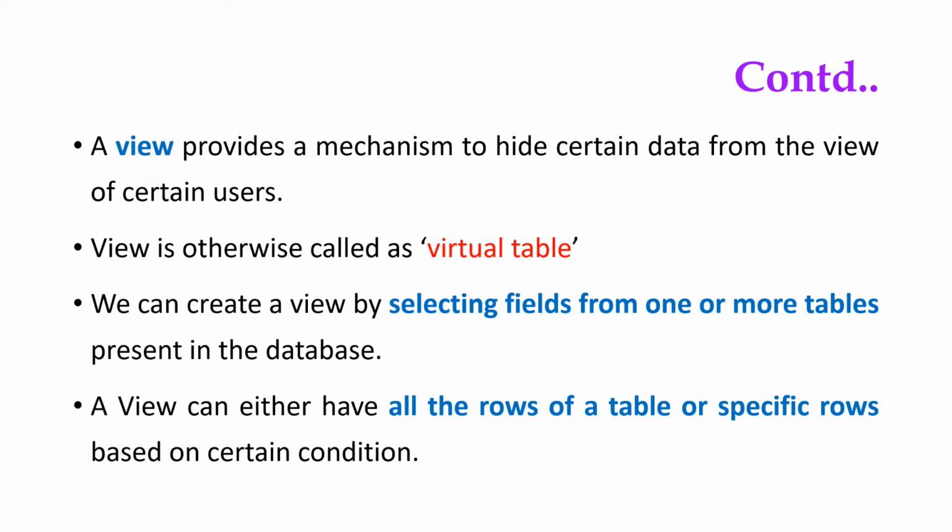We can create a view by using the select statement from SQL, selecting fields from one or more tables which are present in the database, and a view can contain either all the rows of the table which we have selected or only a few rows based on the condition.